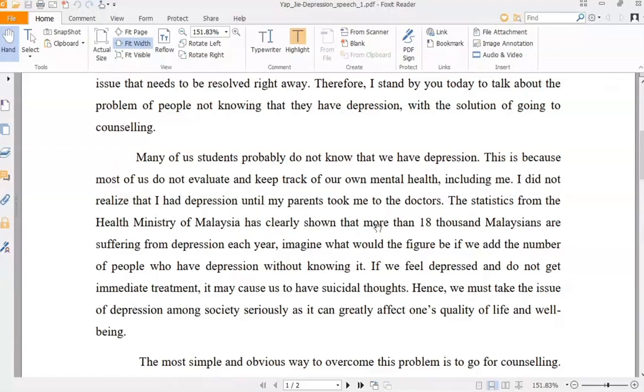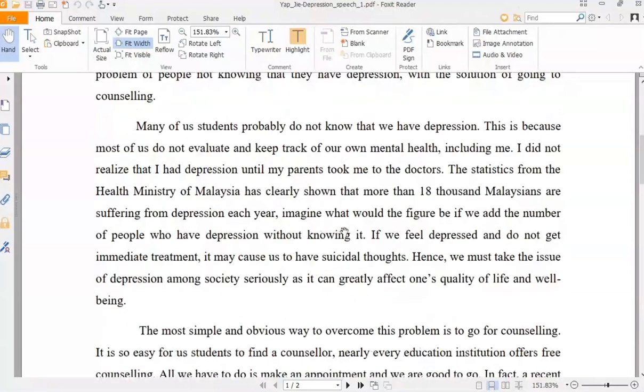I did not realize that I had depression until my parents took me to the doctors. The statistics from the Health Ministry of Malaysia have clearly shown that more than 18,000 Malaysians are suffering from depression each year. Imagine what the figure would be if we add the number of people who have depression without knowing it. If we feel depressed and do not get immediate treatment, it may cause us to have suicidal thoughts.